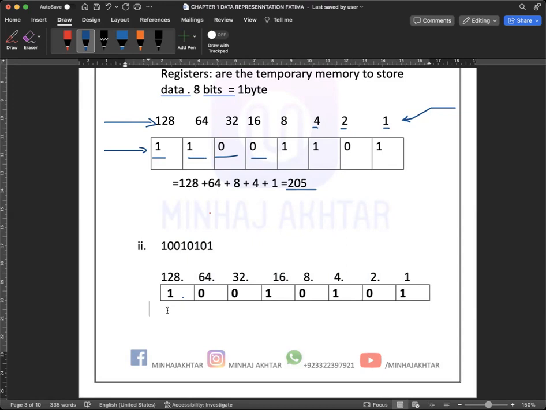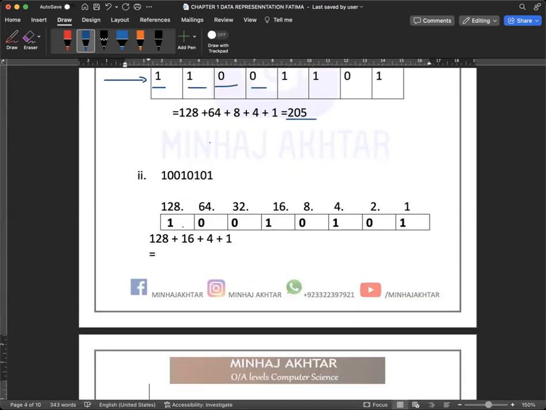So we add all the ones. It will be 128 plus 16 plus... you cannot use a calculator, right? You need to do all things manually. So 128 plus 16 is 144, 148, 149 will be your answer. 149, right?